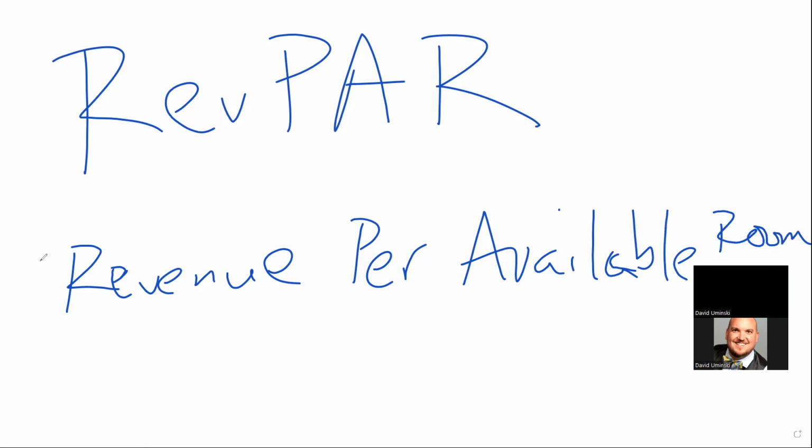Revenue per available room. If we're at 100% occupancy, it's the same number as ADR. If we're not at 100% occupancy, then our revenue per available room is always going to be less than our average daily rate. The RevPAR will always be less. And I'll show you why.